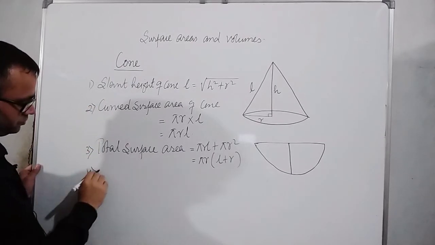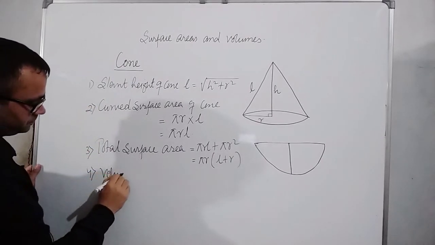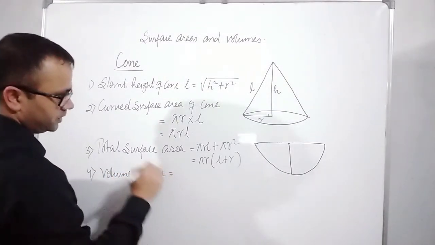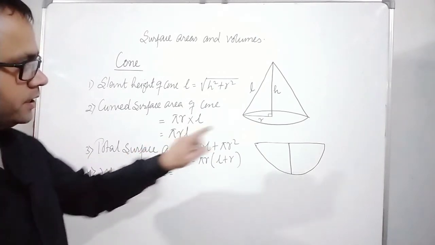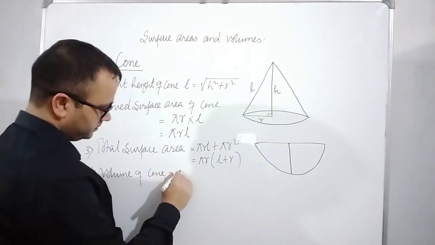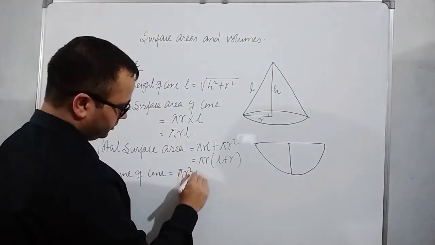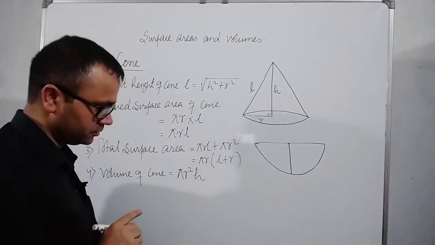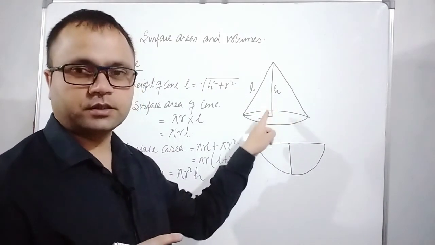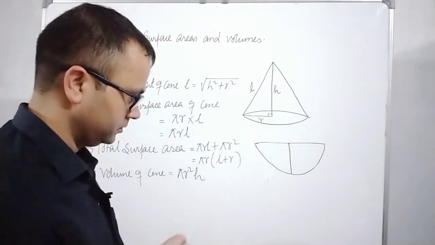And last one is volume of cone. Volume of cone equals to area of base into height. Pi r square into h. But cone is 1/3 of the cylinder by volume.